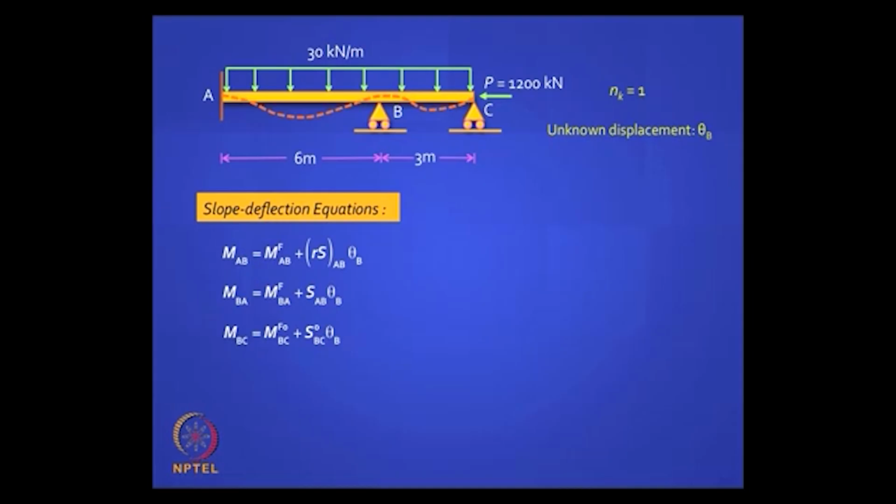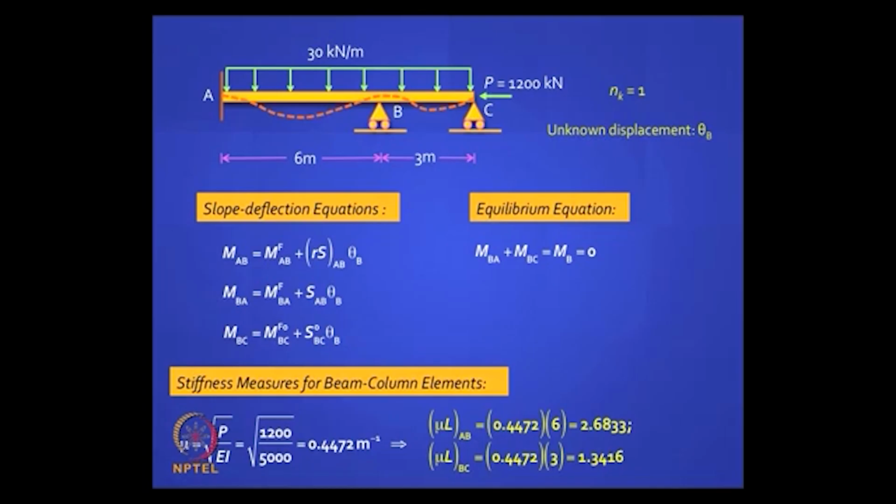That is the equation. What is the equilibrium equation? The same old equilibrium equation, MBA plus MBC is equal to 0. Plug it all in, and the value of mu now is a known value because P is known, okay. So P is given as 1200, okay, in this problem I have taken 1200 kilonewton, not 1000, okay.